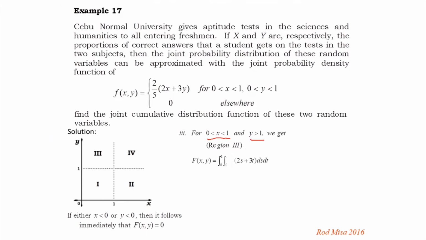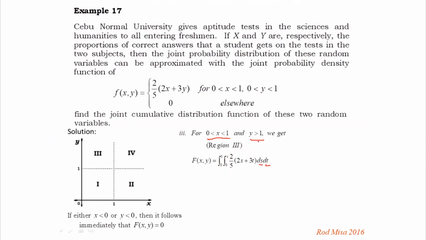So, setting our double integral, we need to integrate our joint PDF with respect to s, whose limits of integration is from 0 to x, since our x is running from 0 to 1. And then integrating this one with respect to t from 0 to 1, since our variable is greater than 1. That is why our limits of integration is from 0 to 1, because it's full already from 0 to 1.